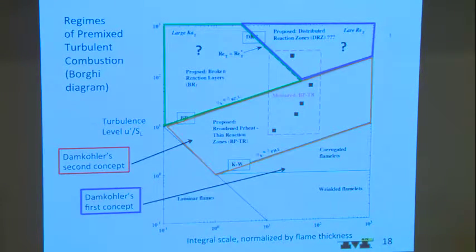this bottom line is the Klimov-Williams line, where the Kolmogorov scale equals the preheat layer thickness of a laminar flame.